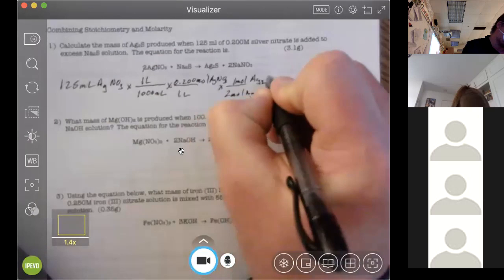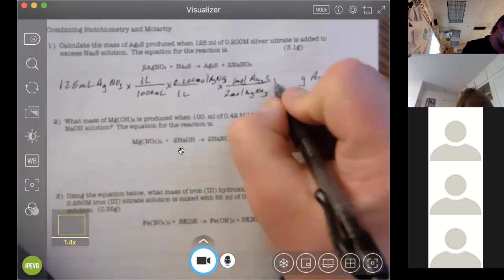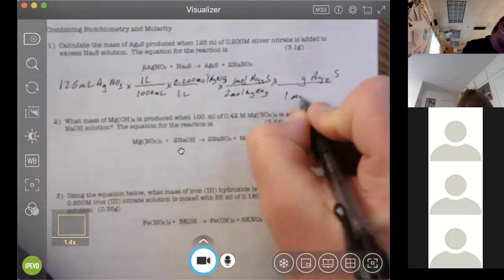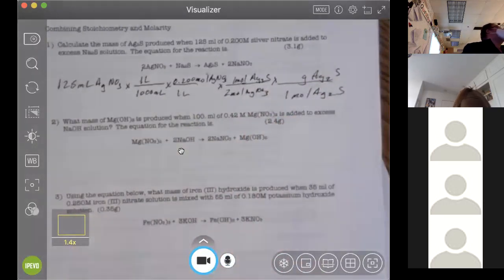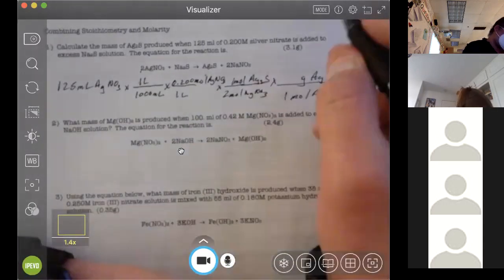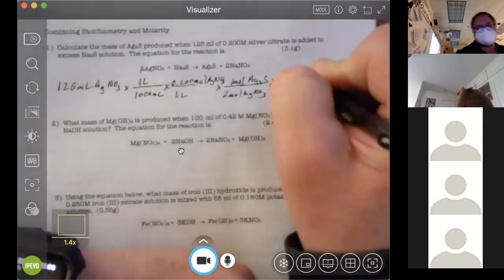And for every 1 mole of silver sulfide, the molar mass is 107.87 times 2 plus 32.06, which is 247.8 grams.